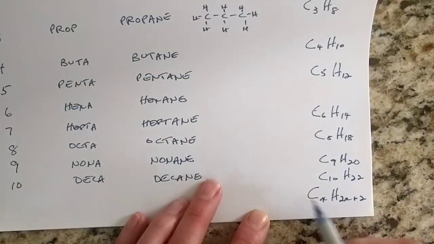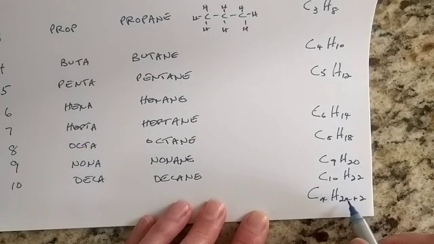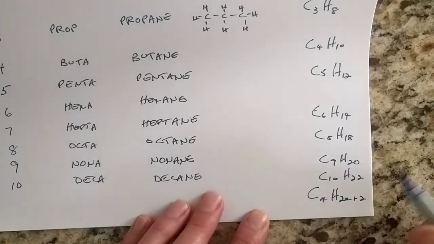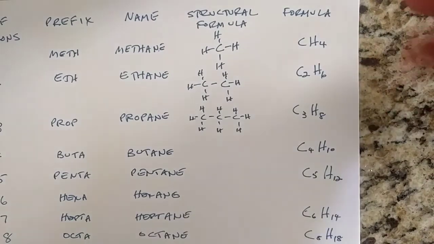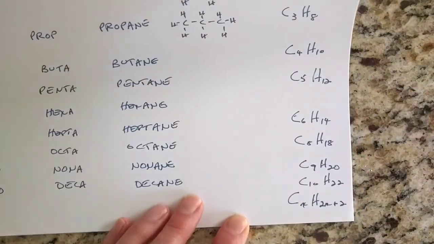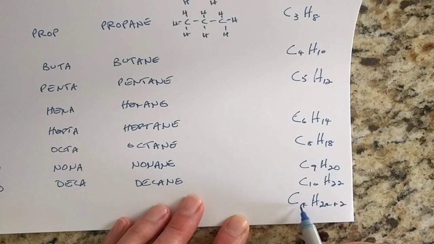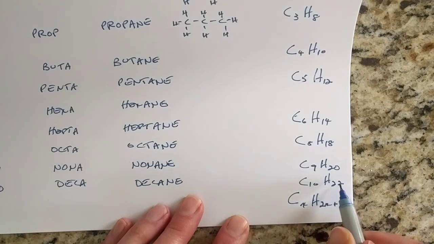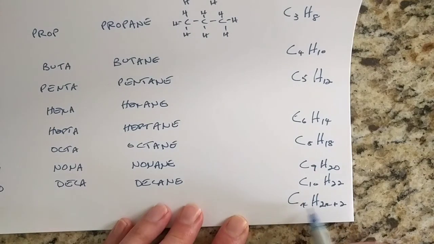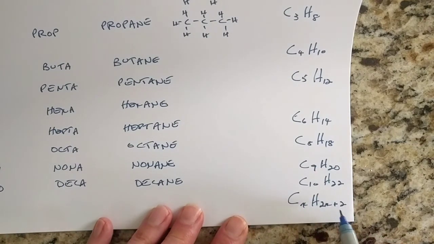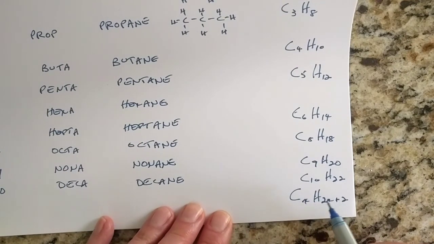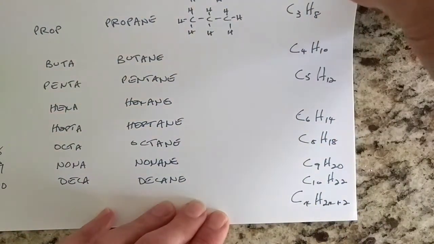If we have 2 carbons, then hydrogen is 2 times 2 plus 2, which is 6. So we have C2H6. If we have 10 carbons, 2 times 10 is 20, plus 2 is 22, C10H22. So just knowing the number of carbons, we can figure out the formula of our hydrocarbon.